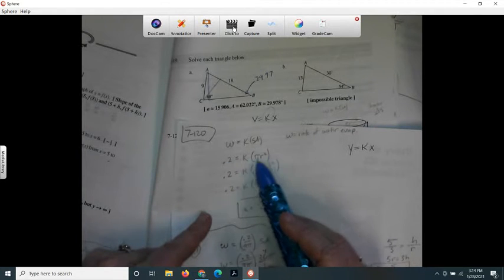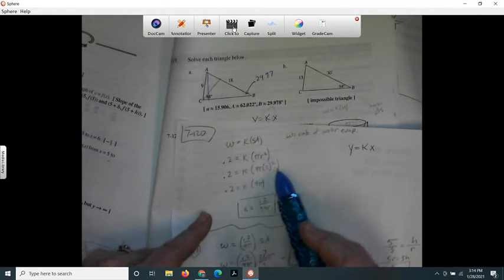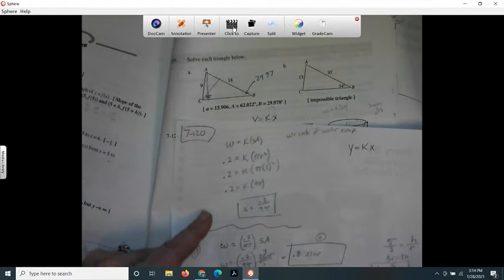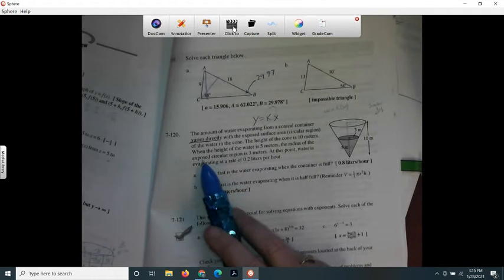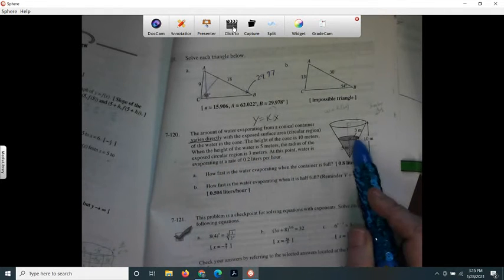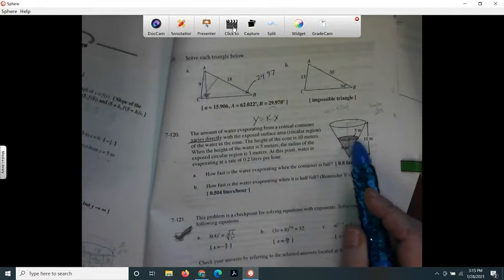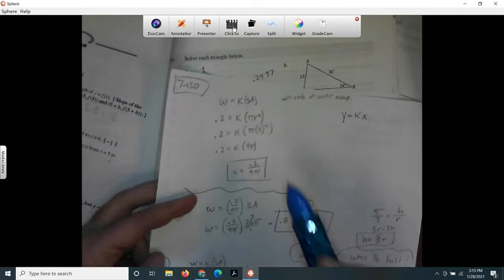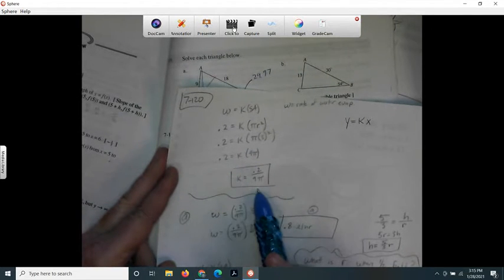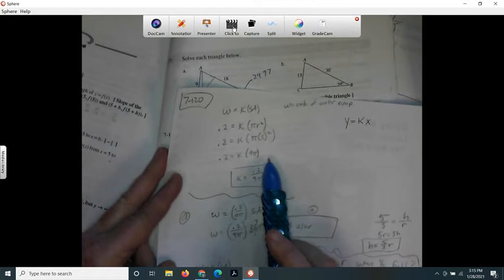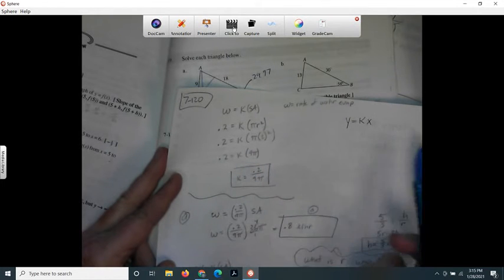For the surface area, when the height of the water's 5, the little circle it makes has a radius of 3, and that's where this comes from. I want to find out what k is, so I divided both sides by 9 pi.